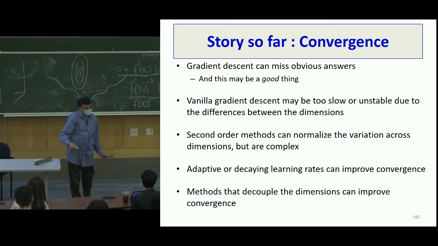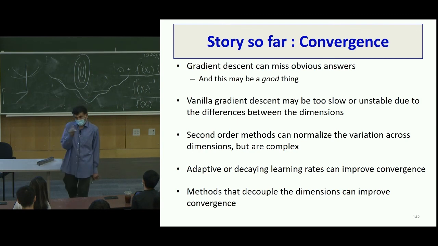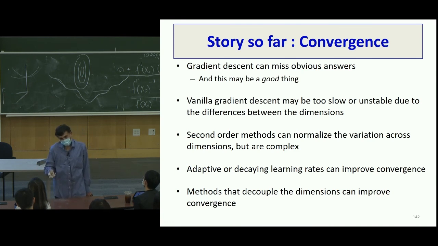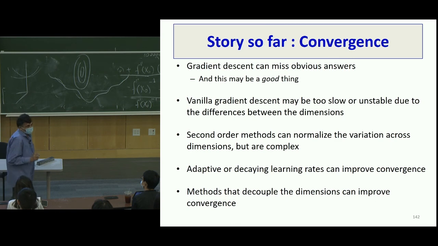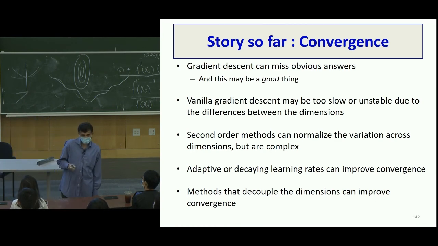Shrink it along the vertical axis, stretch it along the horizontal axis so that it begins to look like a circle, at which point the optimal step size in every direction is the same. But that requires multiplication by the inverse of the Hessian, which is the inverse of the second derivative. That's what it's doing. And it's too complex. Nobody ever does it. You want adaptive or decaying learning rates to improve convergence, but more importantly, methods that decouple the dimensions can improve convergence, except they come with their own challenges, right?